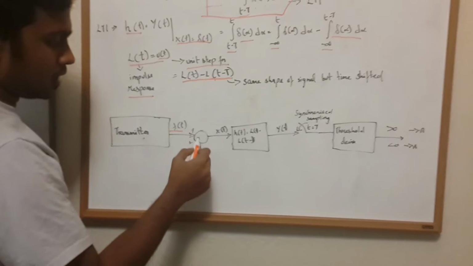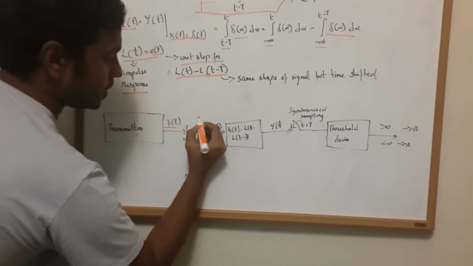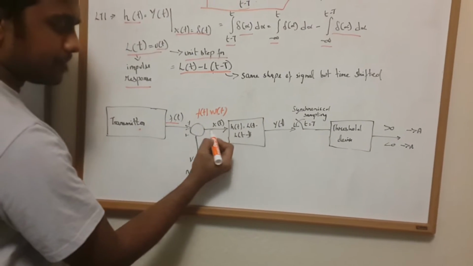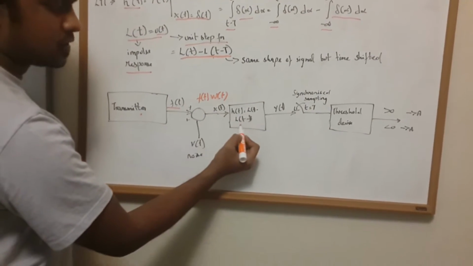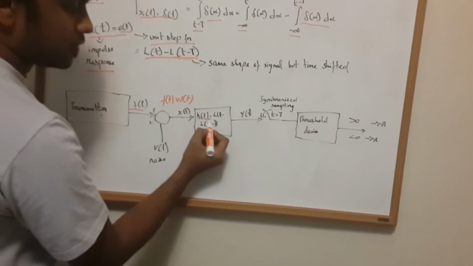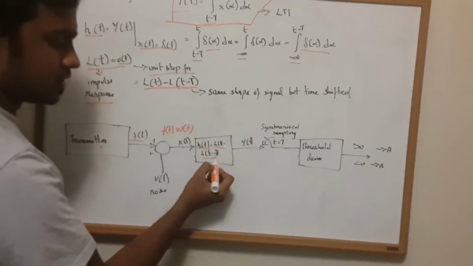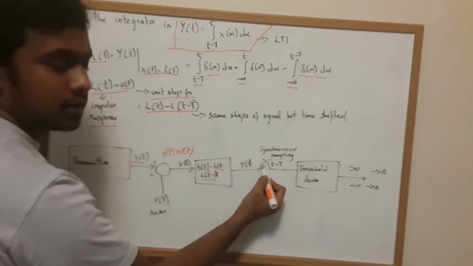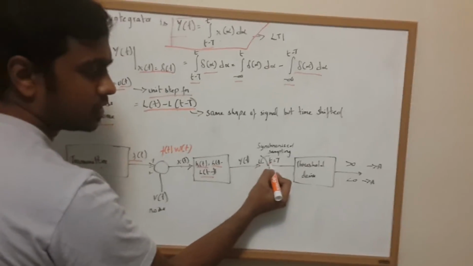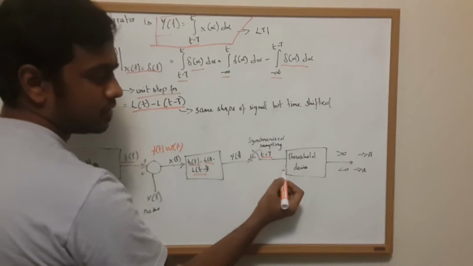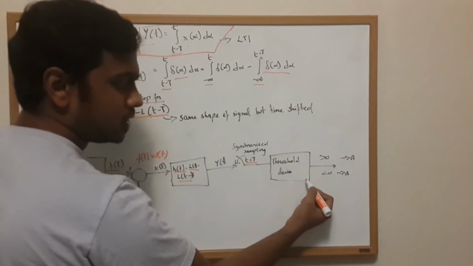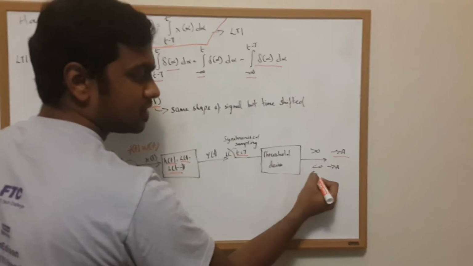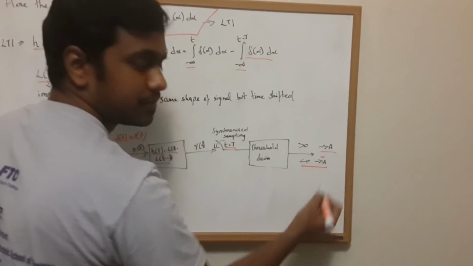The output f of t plus v of t, that is x of t, is then passed through an LTI system, that is h of t equal to L of t minus L of t minus T. Then the output from the LTI system, y of t, is passed through a synchronized sampling at t equal to T, which is then passed to a threshold device. The output of the threshold device, if it is greater than 0 gives the value A, and if it is less than 0 gives the value minus A.